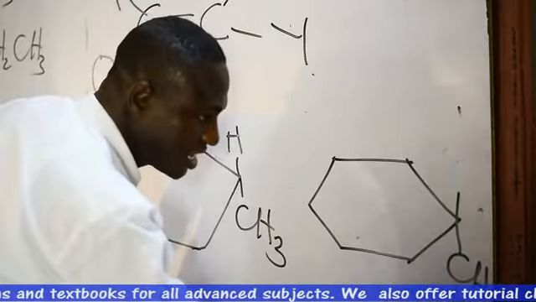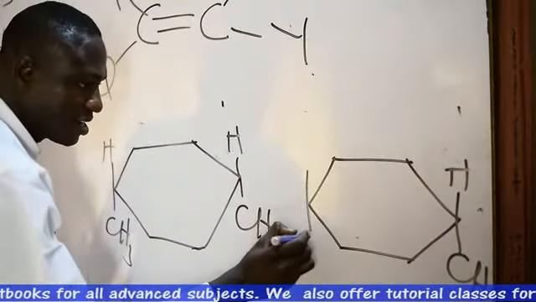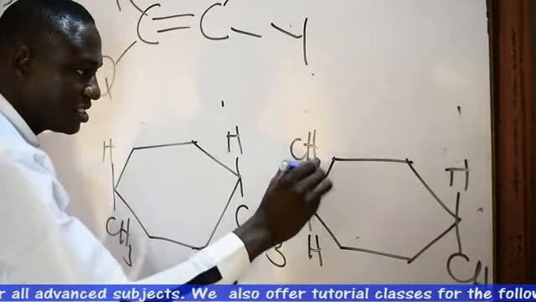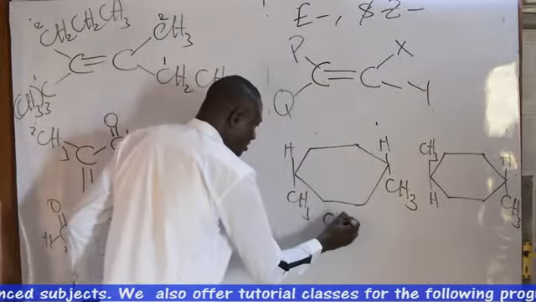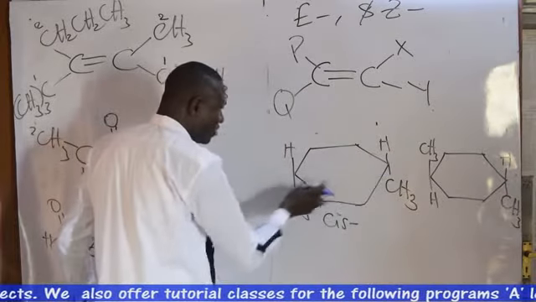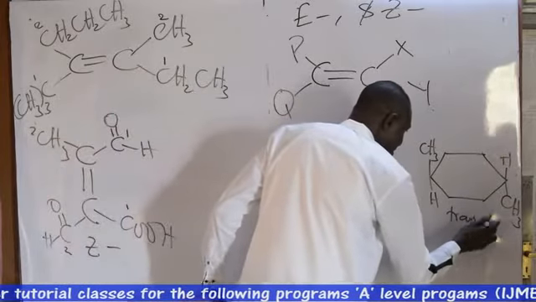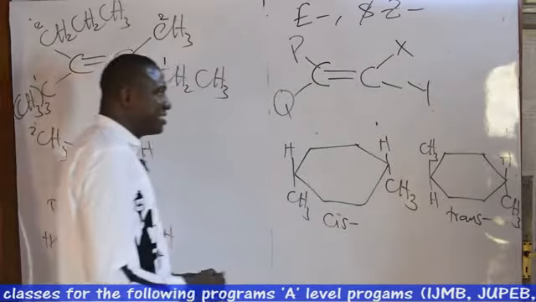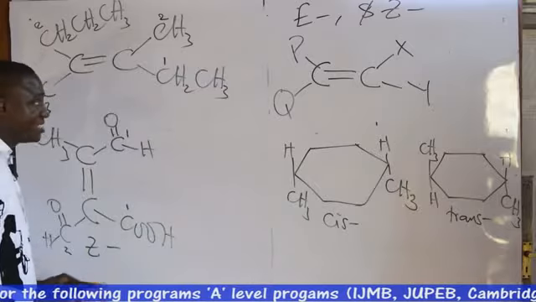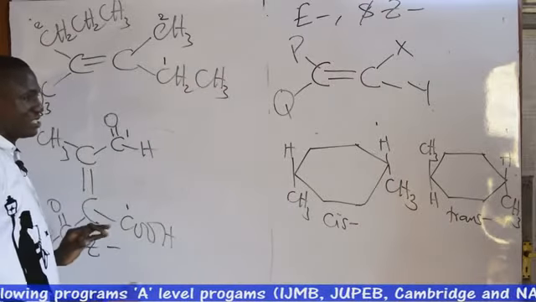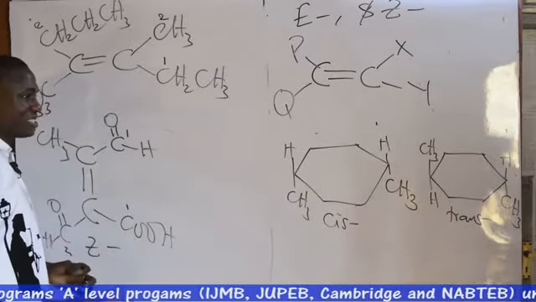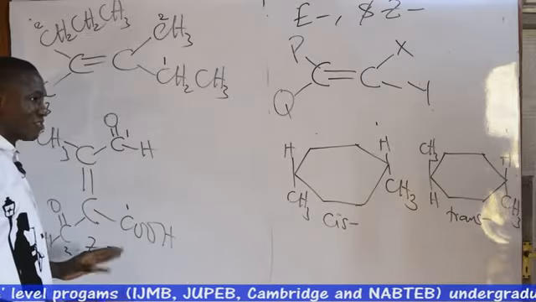You have CH3 here, hydrogen here, hydrogen here, CH3 here. So this is cis-1,4-dimethylcyclohexane, while this is trans-1,4-dimethylcyclohexane.